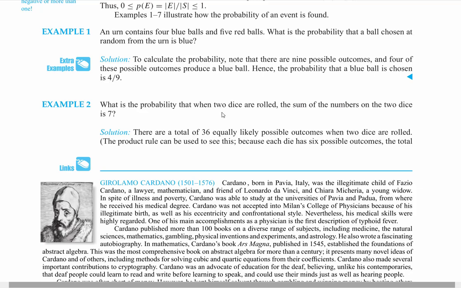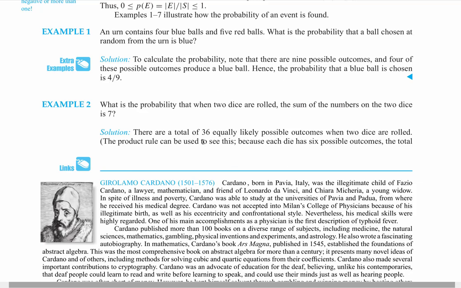Well, we have these 2 dice. So the first die has 6 possibilities, and the second die has another 6 possibilities. So by the product rule, that's 36 equally likely possible outcomes. If you made a list, you could do, say, a 6 by 6 table.